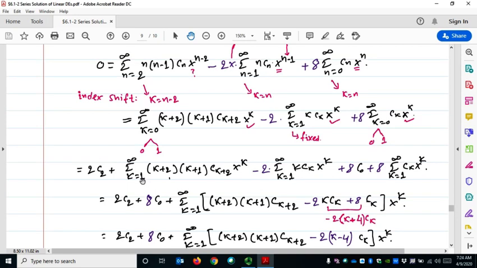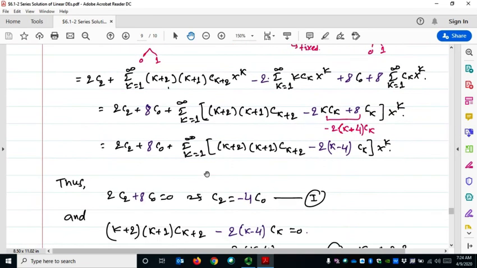We can pull k equals 1 to infinity outside, and we can pull x to the k outside. So the inside part is the coefficient: 2 times c2, and then 8 times c0, and then we factor out here, and use that identity property: 2c2 plus 8c0 equals 0.